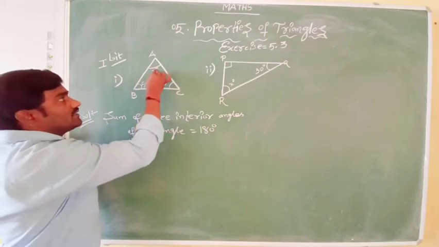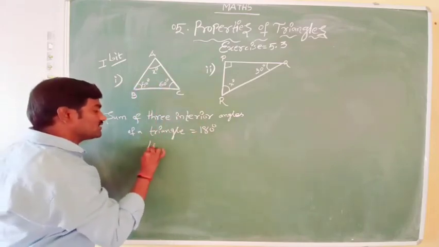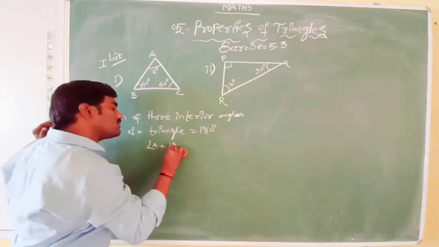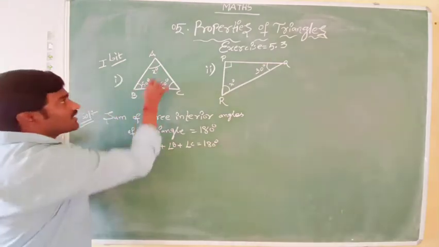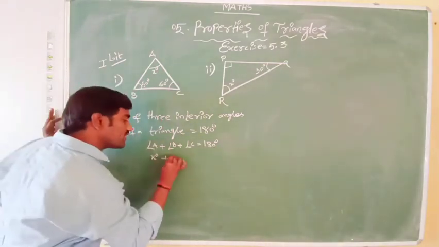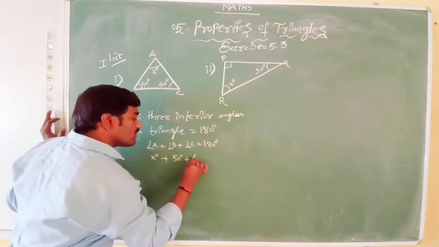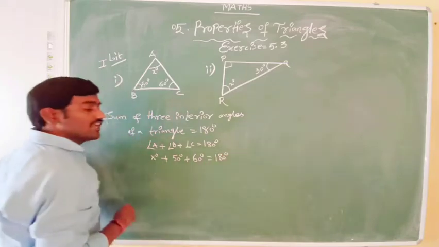Then let us add here: angle A plus angle B plus angle C equal to 180 degrees. Angle A is x degrees. From the figure, angle B is 50 degrees, and angle C is 60 degrees, and that equals 180 degrees.